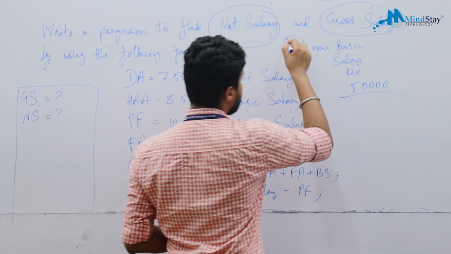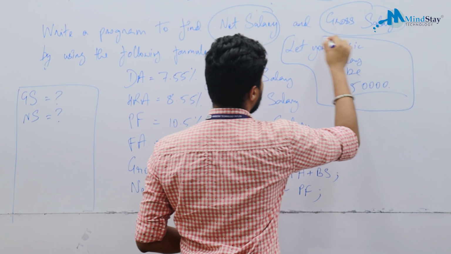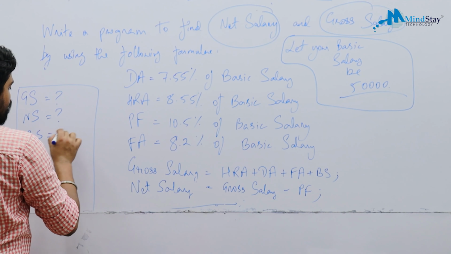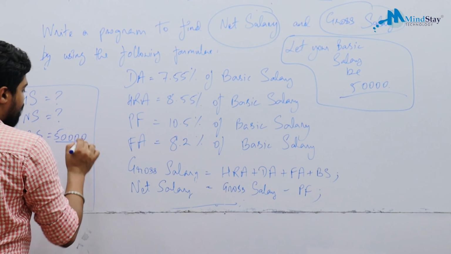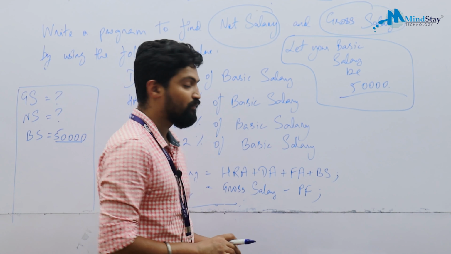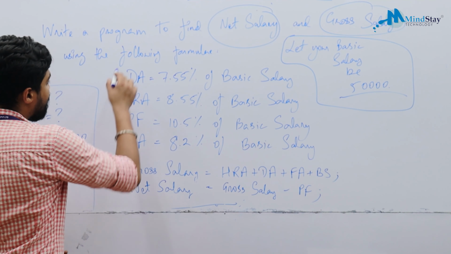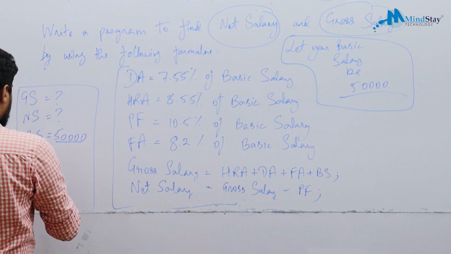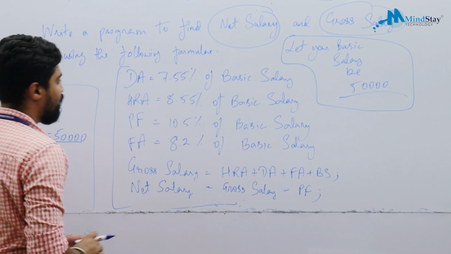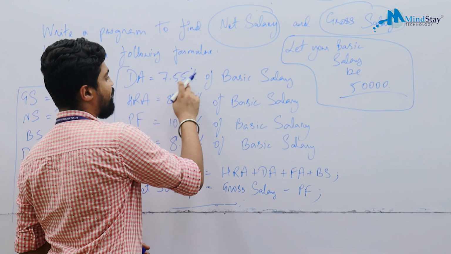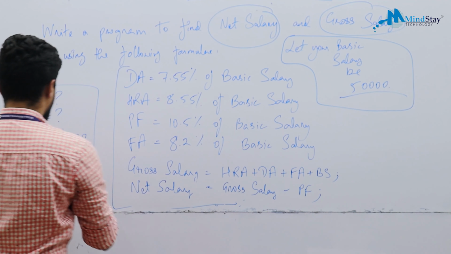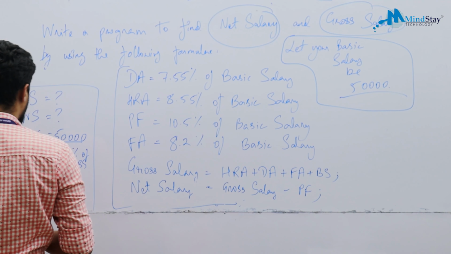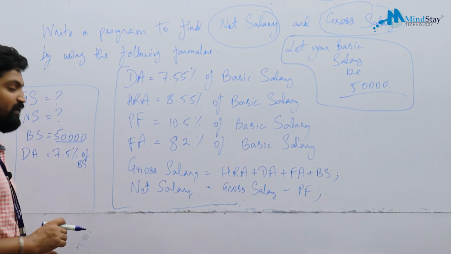Now this is important. This is the information that has been provided. Let your basic salary be 50,000. We have been given these formulas. First is your DA, dearness allowance, which is 7.5% of your basic salary.